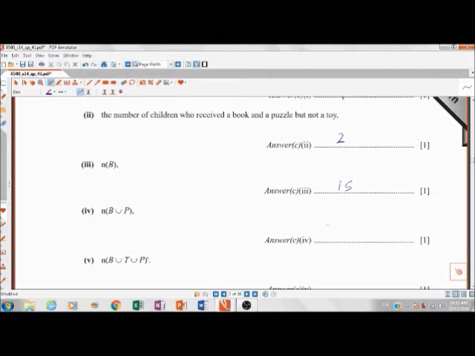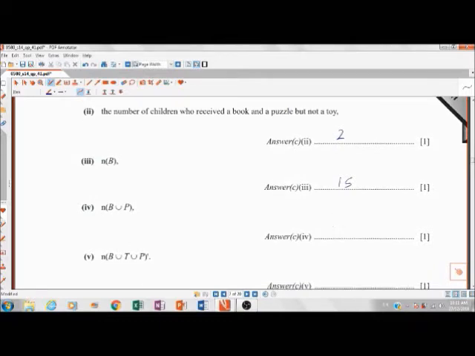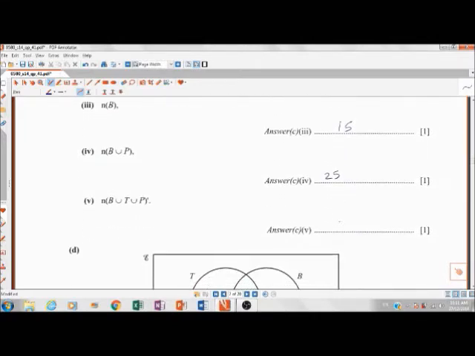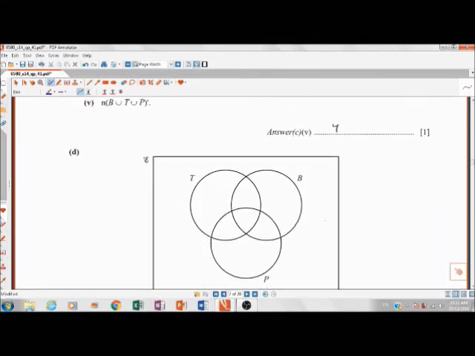The number of B union P, books union puzzle, that would give you 25. You can basically just add 11 plus 4 minus 40 and you get 25. And so the number of P union T union P not, which is 4. They just want the outside number, which is 4.